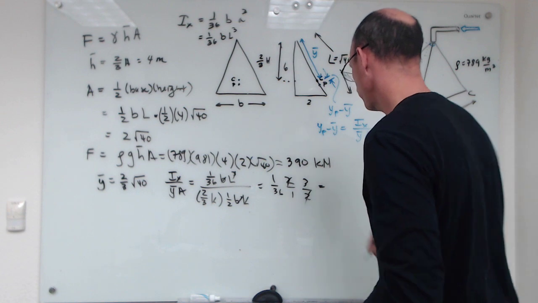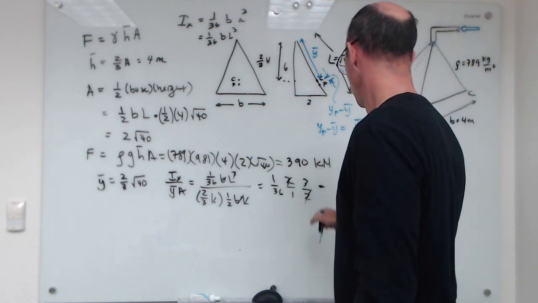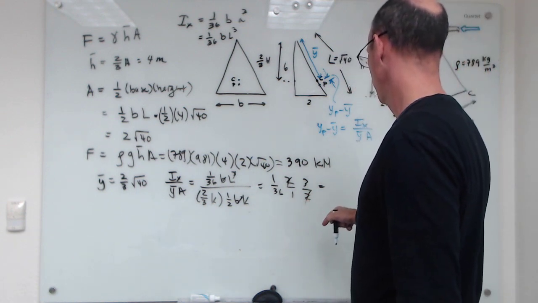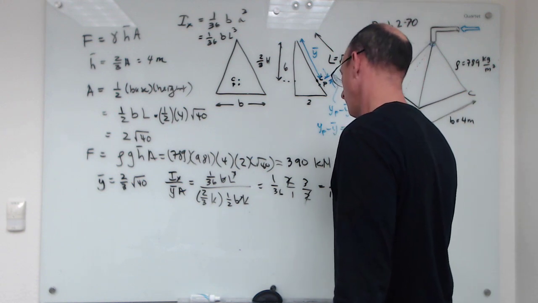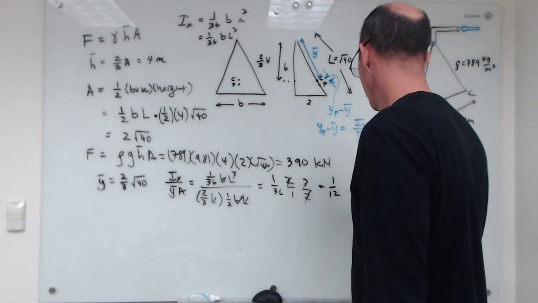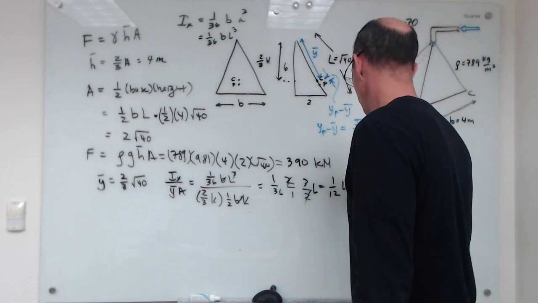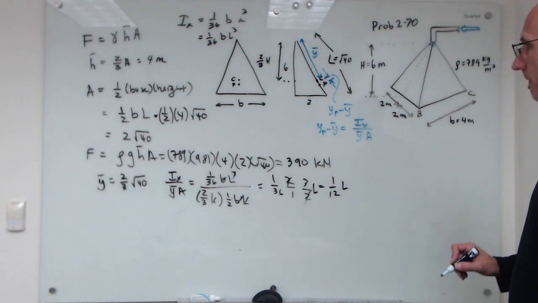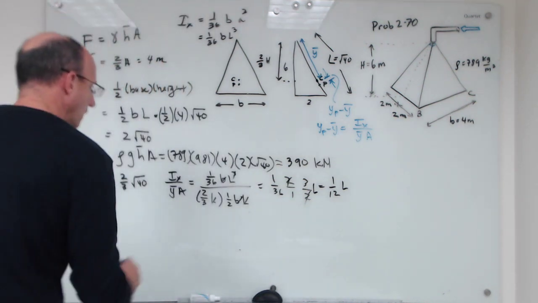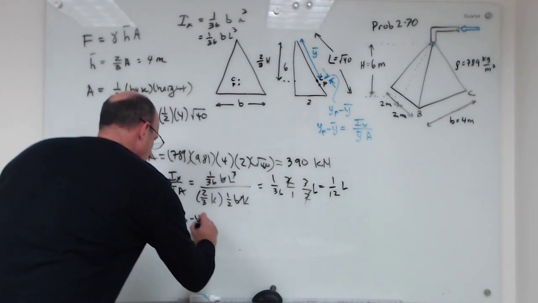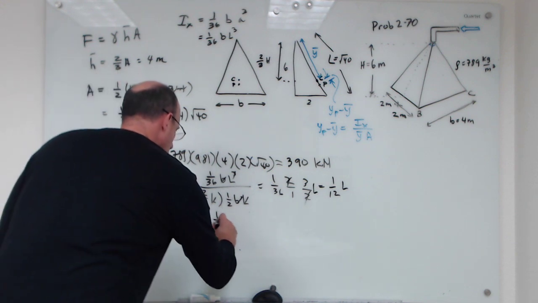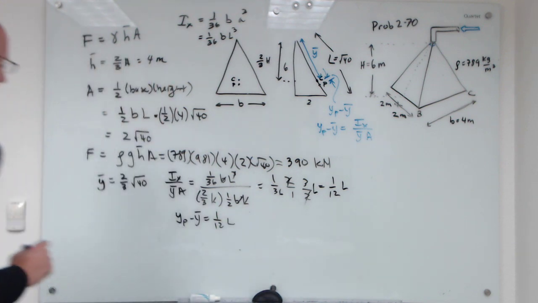So the ratio works out to be 36 divided by 3, which is 1/12 of L. So the distance from yp to y bar is just equal to 1/12 L.